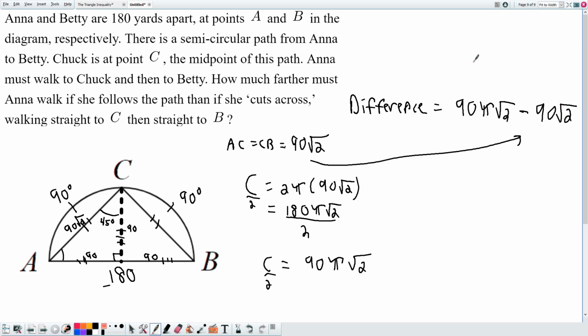And obviously this one has to be greater because it's the same thing as 90 root 2 except we're multiplying by 3.14 whatever. We're multiplying by pi. So this is the difference in the two paths. That means whatever value that would equal is how much longer she would have to take walking that semicircular path.